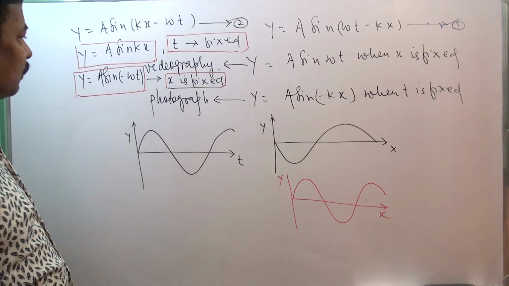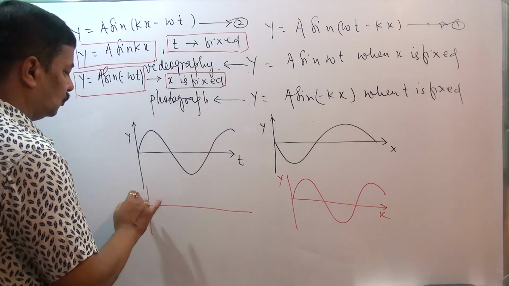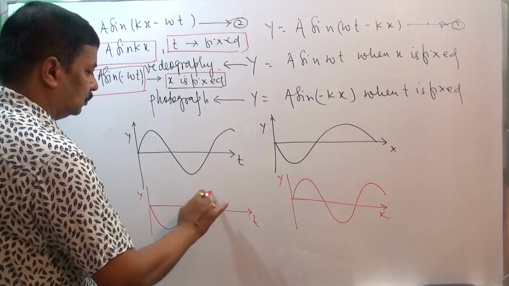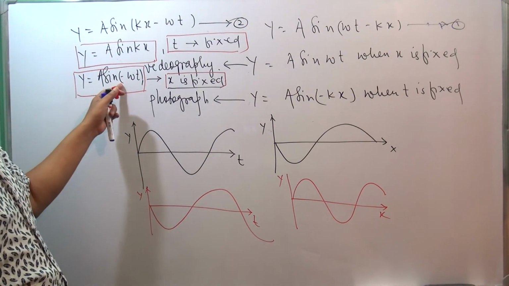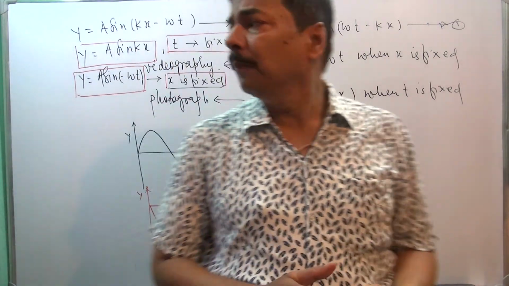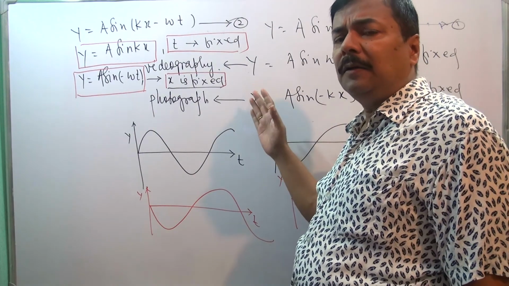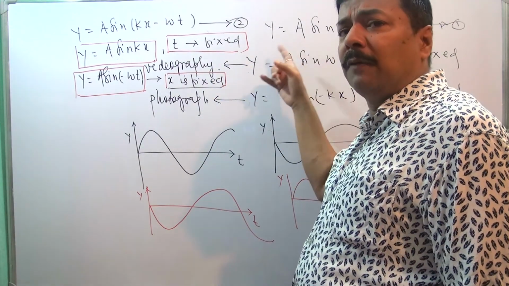And if we take this one, the yt curve, it is in this way because it is a minus sine theta type curve. So this gives you the basic internal hidden concept of the wave equation.